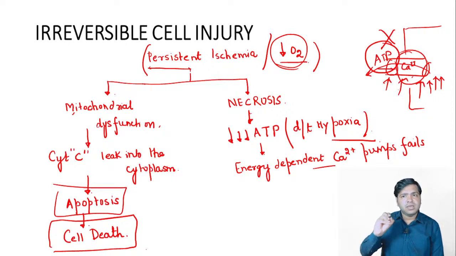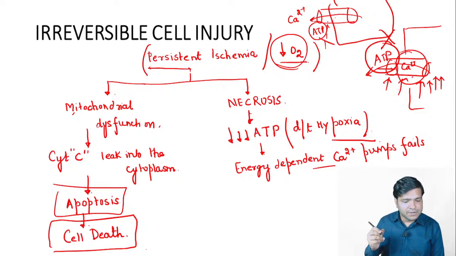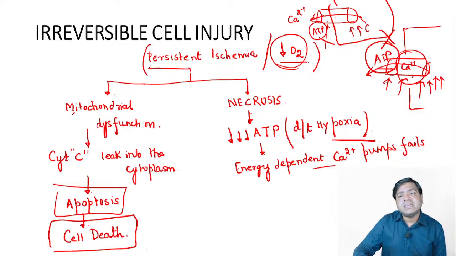Suppose this is a cell and this is a pump, functioning because of ATP. Now ATP is not there, the calcium pump will not function and will not allow calcium to move out. So there will be an increase in the calcium inside the cell.